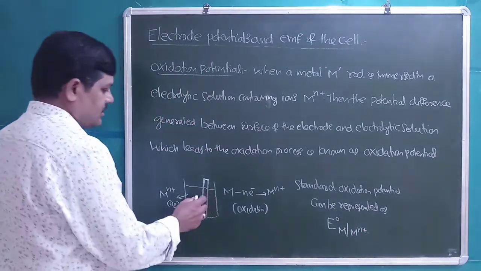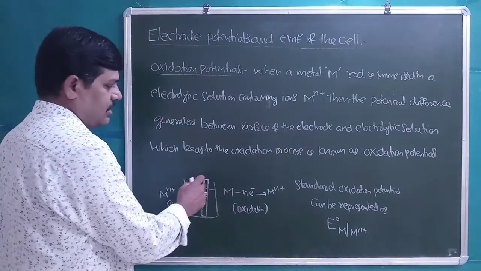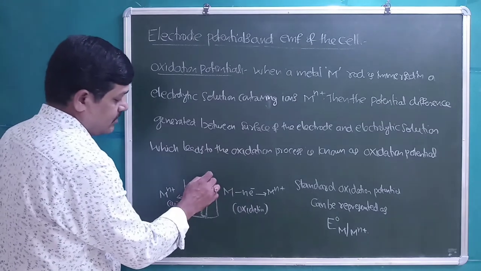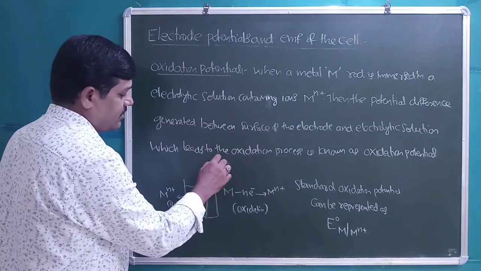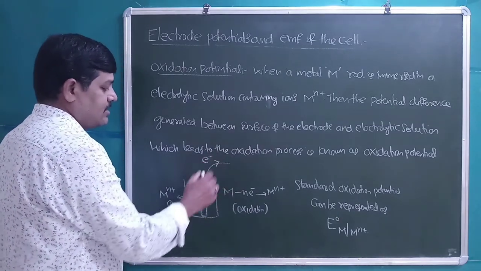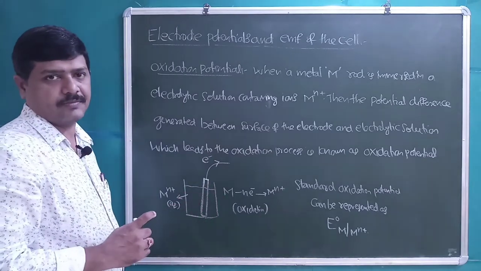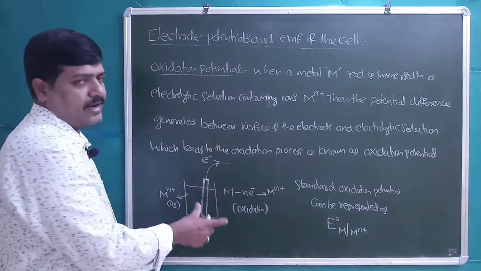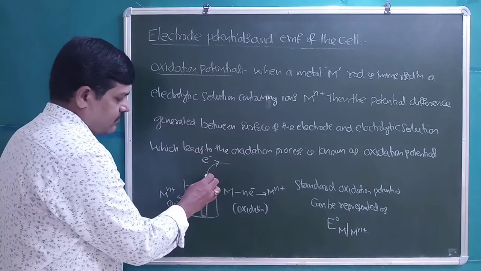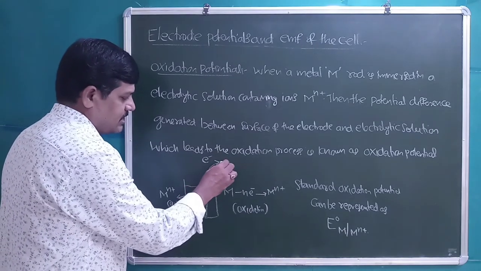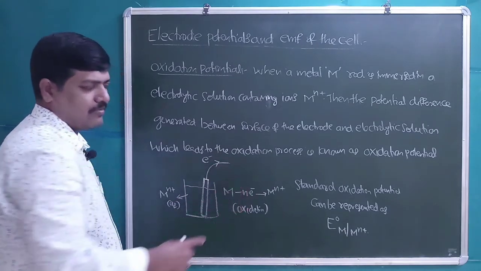Students, here this process will occur to a negligible extent only. If we remove the electrons continuously from this, then it will move in the forward direction. This has a natural tendency, it will occur, but when we remove the electrons continuously, then the process will go in the forward direction.